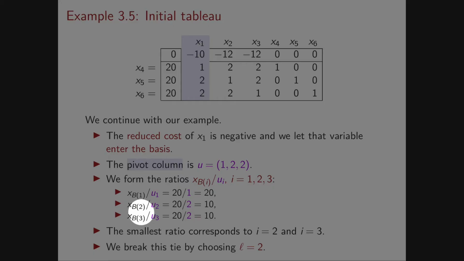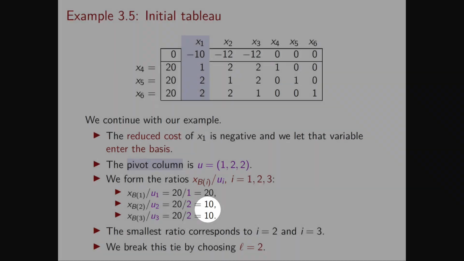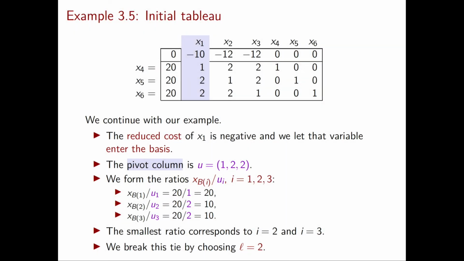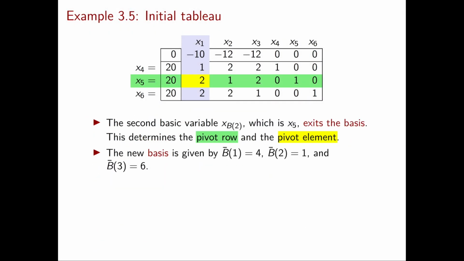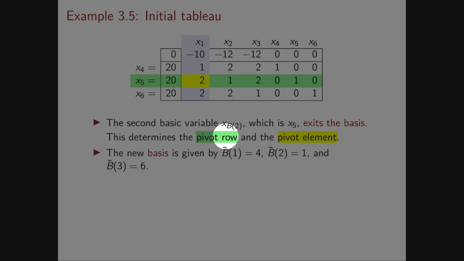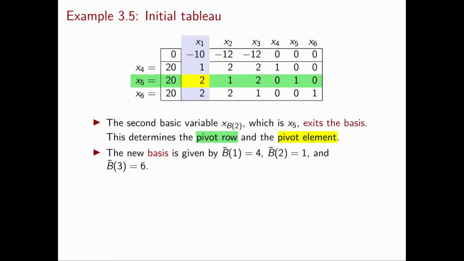So we could choose the second or third basic variable to leave the basis, because they both correspond to the smallest ratio. Once again, we have to look at our pivoting rule to break this tie, and since I am your pivoting rule, I tell you to choose l equal to 2, so the second basic variable should leave the basis. This determines the pivot row in green and accordingly the pivot element, which is at the intersection with the pivot column.